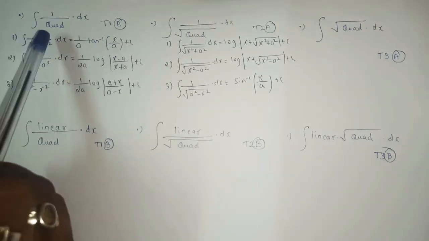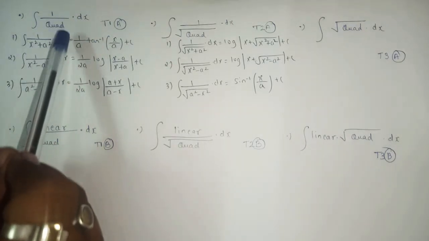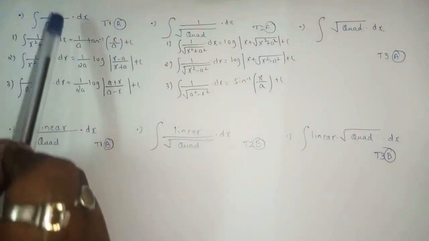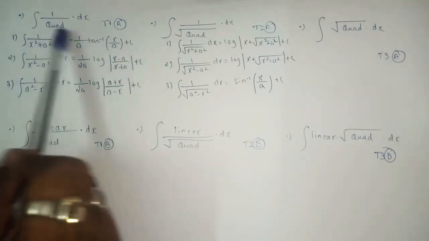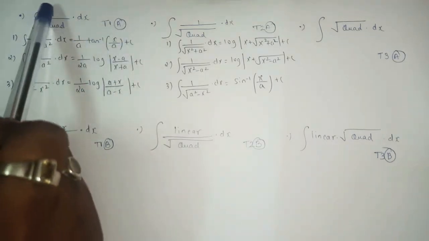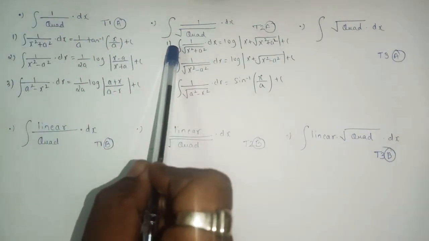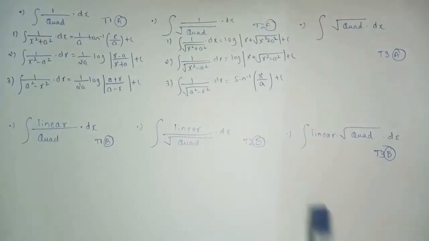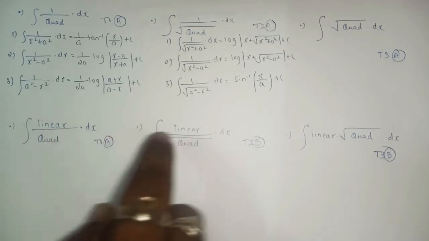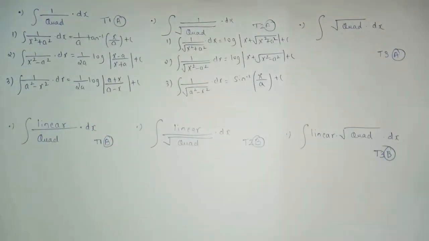Type number 1a was integral 1 upon quadratic. I hope you all might be knowing how to frame the steps, how to apply the suitable formula, yes or no? Type number 2a was 1 upon root quadratic, and type number 3a was only root quadratic, and its subtypes were linear upon quadratic, linear upon root quadratic, and linear into root quadratic.